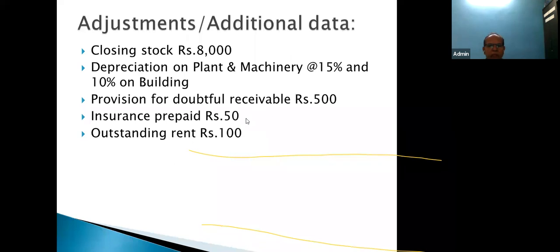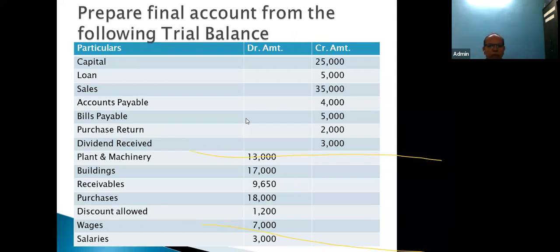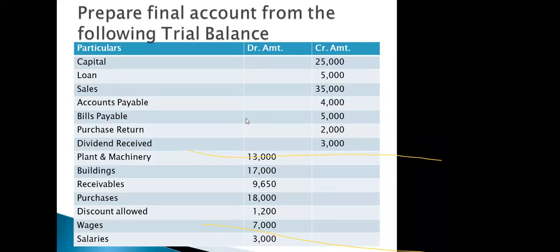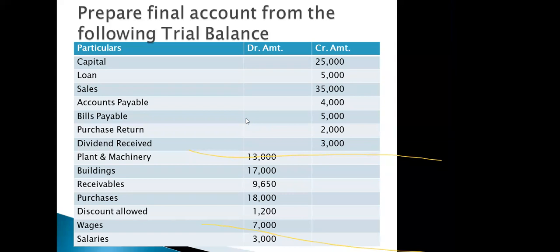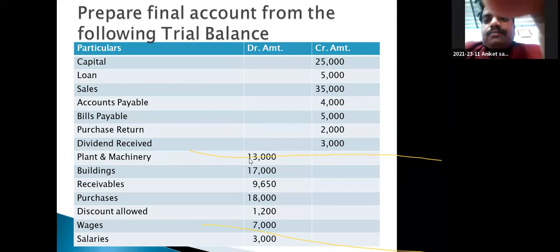Now, likewise, second, say depreciation on plant and machinery. Let us locate this plant and machinery and building. Can you see plant and machinery and building? I am showing you the slide where you can locate this. So plant and machinery is on the asset side, and building also. In the trial balance, just have a marking over there.